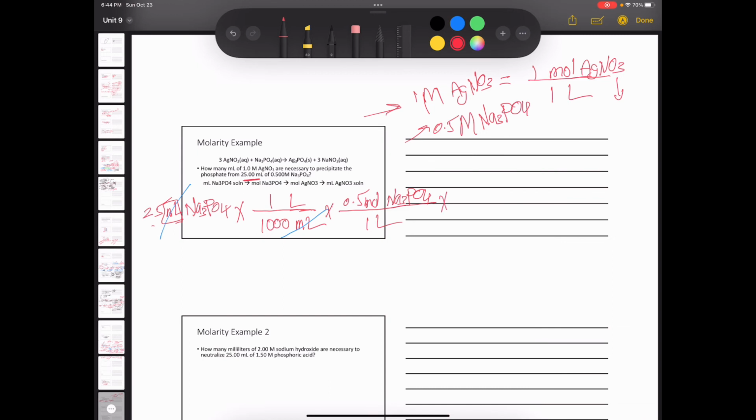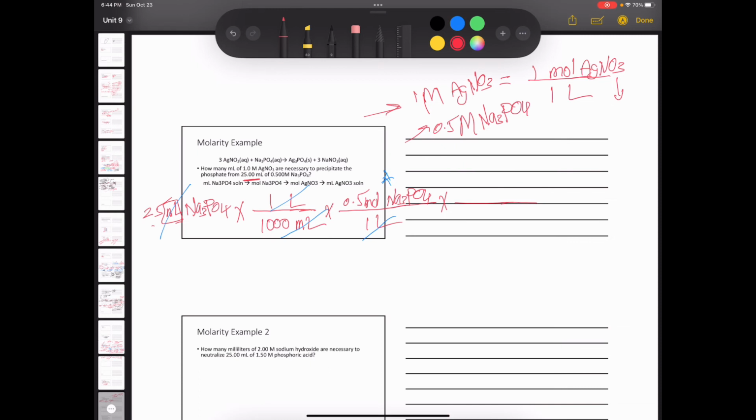Now, I need to convert my moles of Na3PO4 because if I cancel out the liters, now I am left with moles of Na3PO4. I will need to convert my moles of Na3PO4, the sodium phosphate, into silver nitrate.